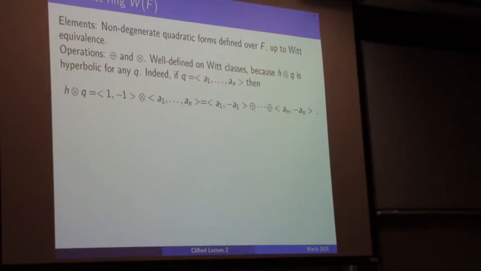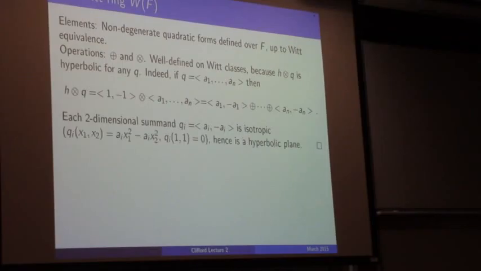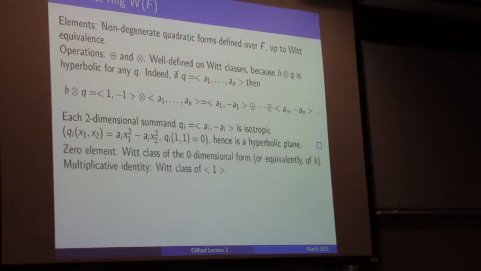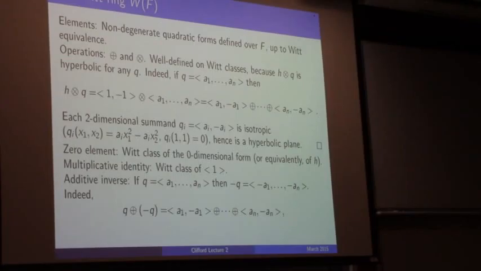If I take the tensor product of Q, whose diagonalization is a_1 through a_n, with a hyperbolic form, I get this sum, and each summand is isotropic and two-dimensional, and therefore is a hyperbolic plane. So the zero element is the zero-dimensional form, and the multiplicative identity is the Witt class of the one-dimensional form 1.